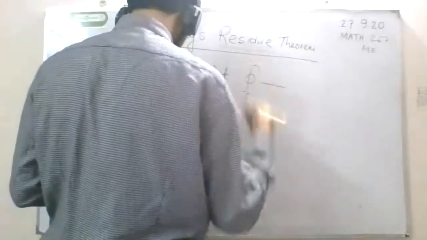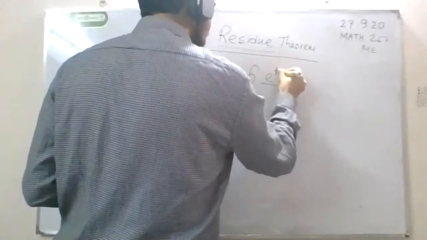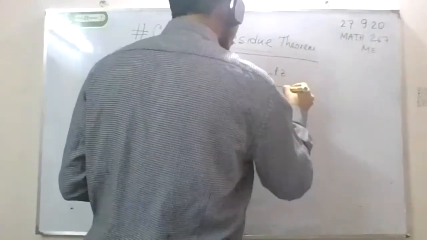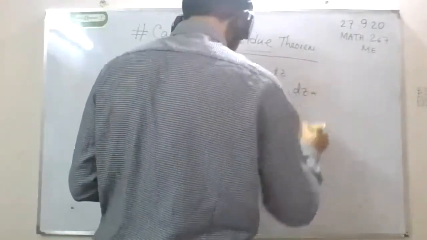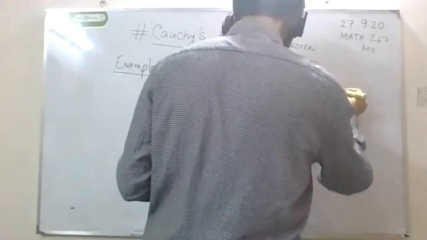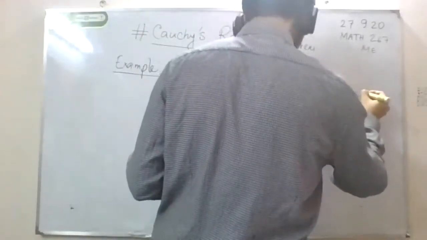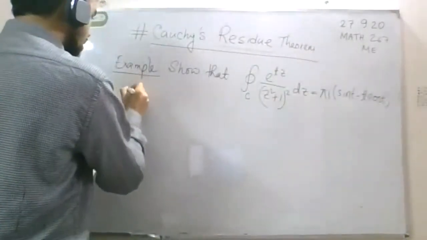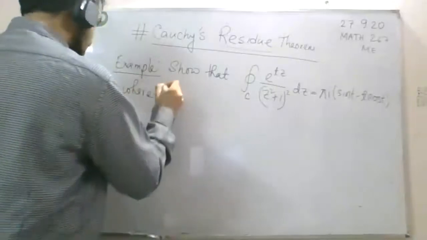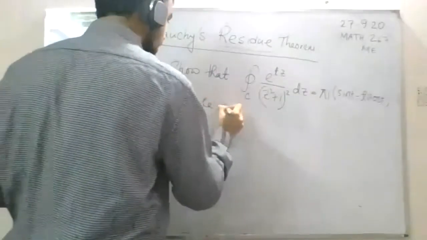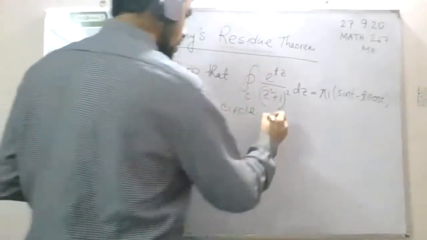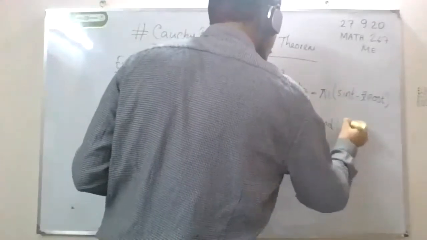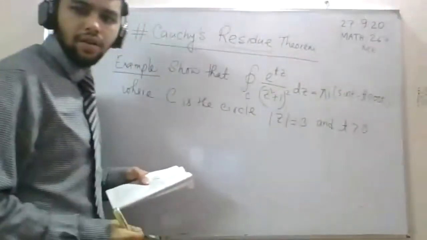Show that the integration of e to the power tz divided by (z square plus 1) whole square dz equals pi i (sin t minus t cos t), where c is the circle and t is greater than 0.